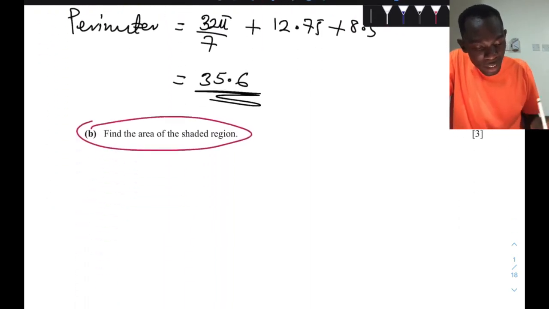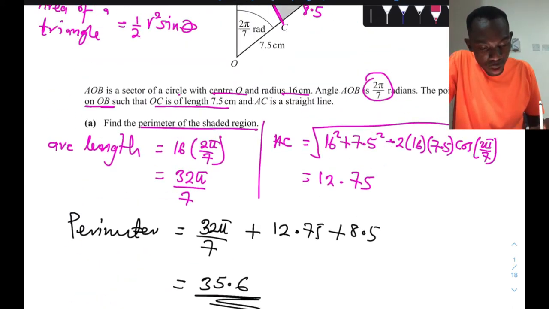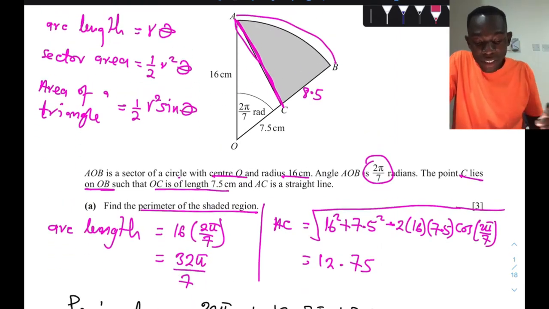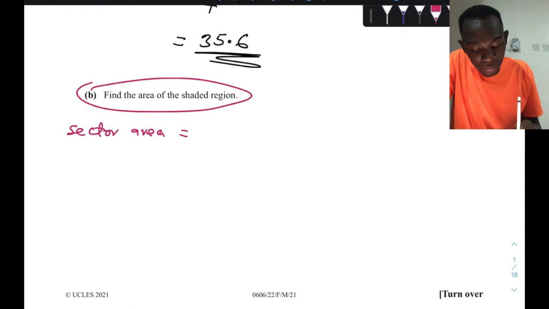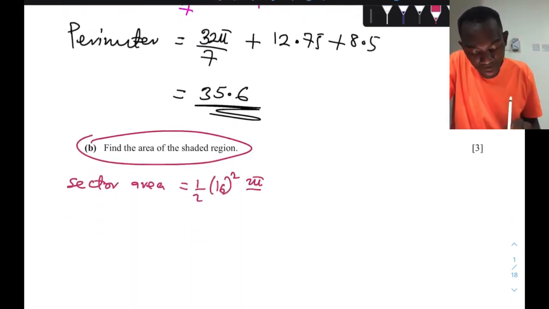So let's find the sector area. Sector area will be equal to half r squared theta, right? So half, the radius is 16 squared, and the angle there is 2 pi on 7.